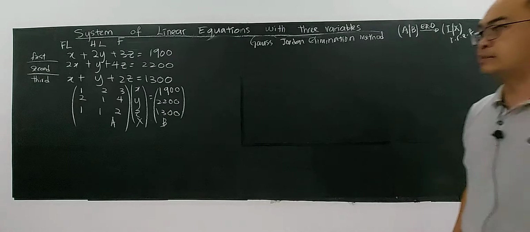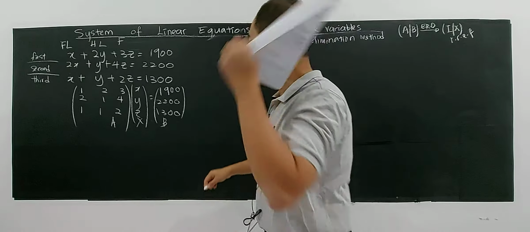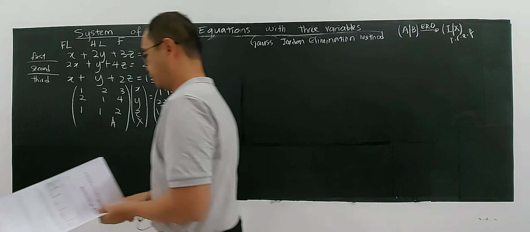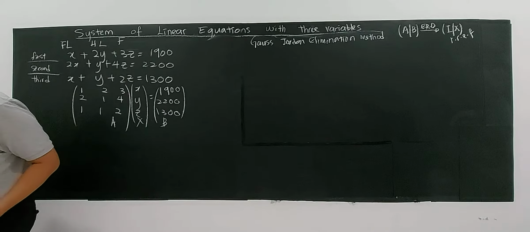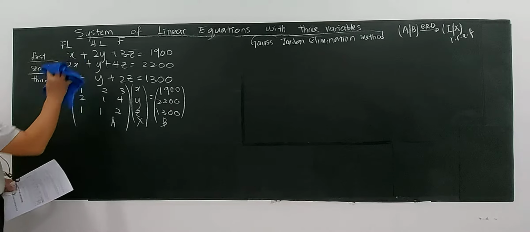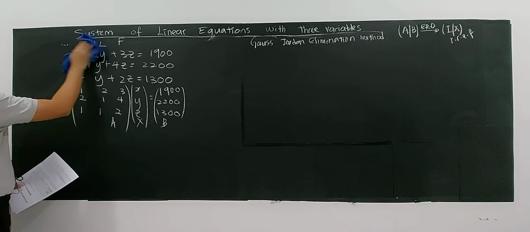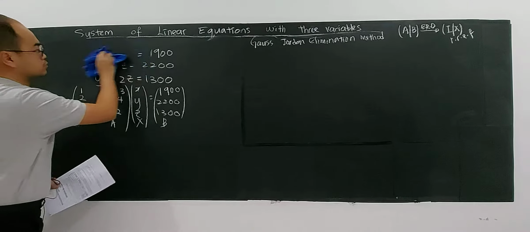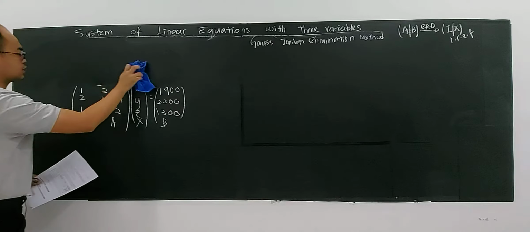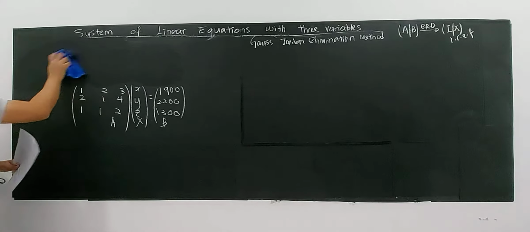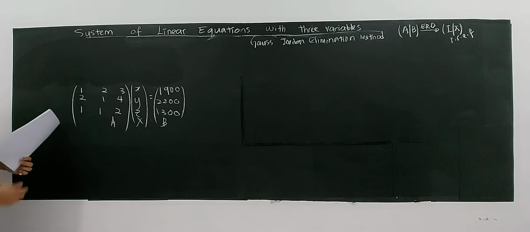So now, let's start the process. Of course you need to rewrite this. I need the space, so I'm going to erase all this. This is a long process, so you need a space for this.